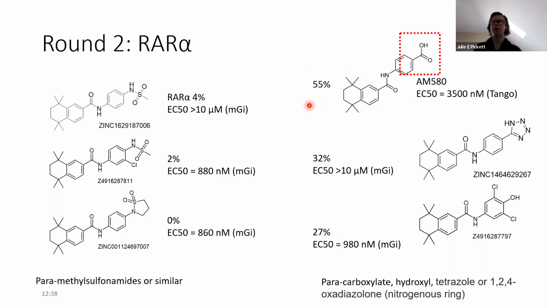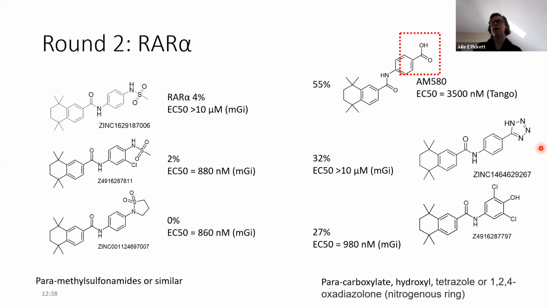So for RAR alpha, that's 9-cis retinoic acid. So AM580 was at 55% of the reference agonist at RAR alpha. Now this tetrazole compound that I talked about on the last slide, unfortunately, is at 32% at RAR alpha.